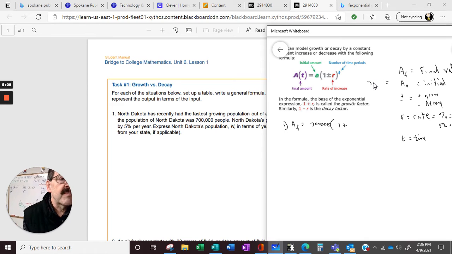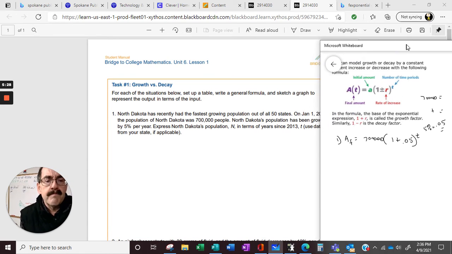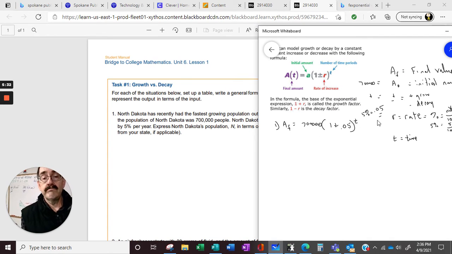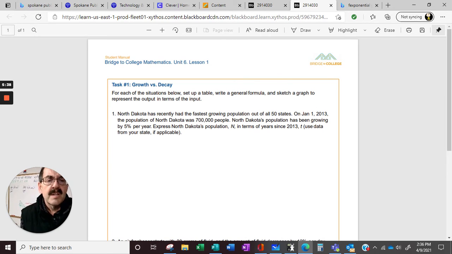Start value 700,000, plus for growth, 5% is 0.05, so 0.05 for t years. There it is. Now you go ahead and work the problem since 2013. So here's our value.